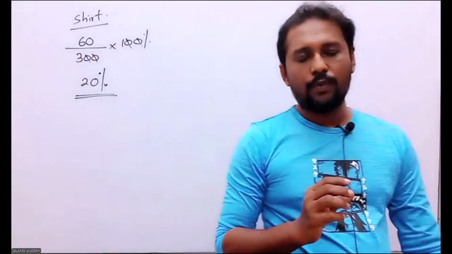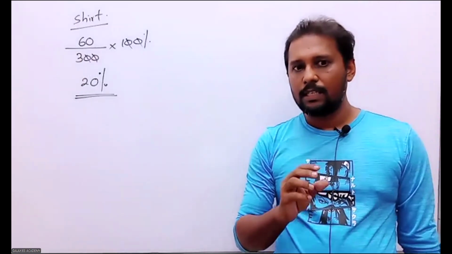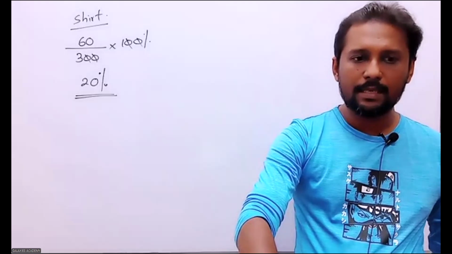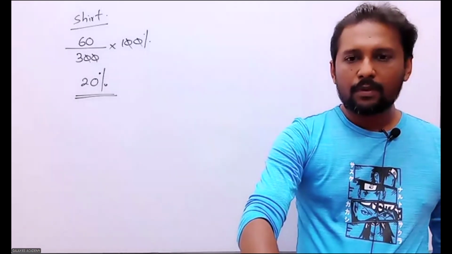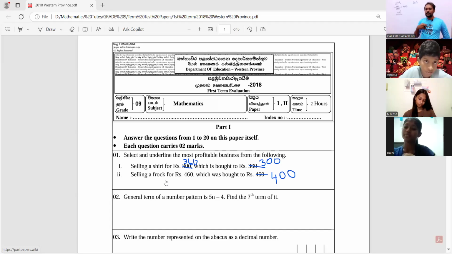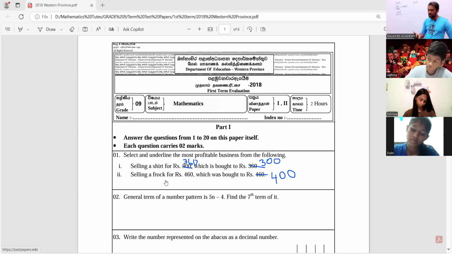Also, you have to find the profit percentage of the other business. What is the other business given? Selling a frock. The buying price is 400 rupees. Selling price is 460 rupees. So what is the profit value? 460 minus 400, 60 rupees.